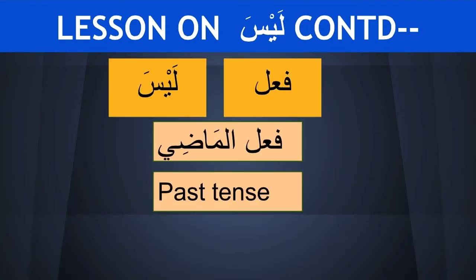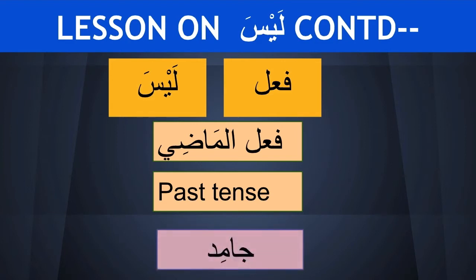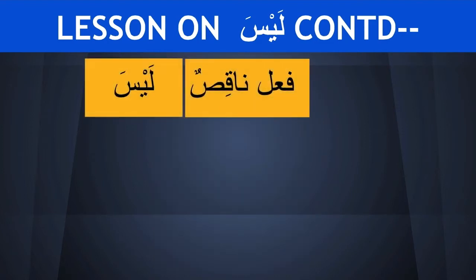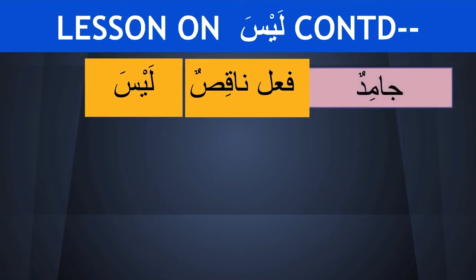Laysa is only in one form, which is the past tense. Therefore, it's called jamid, which means it's fixed. So it doesn't move. We don't have a present tense type of Laysa. We don't have a command. So it's just one form. So Laysa is fi'l naqis and jamid. Fi'lun naqisun jamidun.